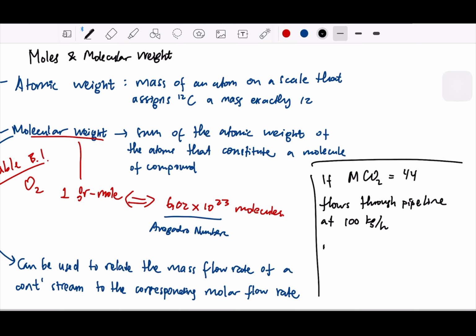So the molar flow rate, let me just write molar flow rate.